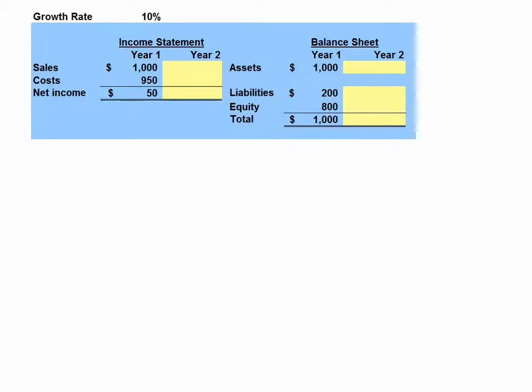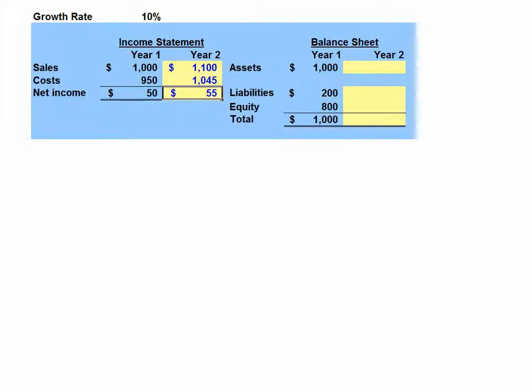Let's consider another example, this time with a different balance sheet. Our liabilities now will be $200 and our equity will be $800. And let's go ahead with our same assumption of a 10% increase in sales. So sales grow to $1,100. Our costs and expenses will also go up by 10%, which will go up to $1,045 from $950, with net income of $55.